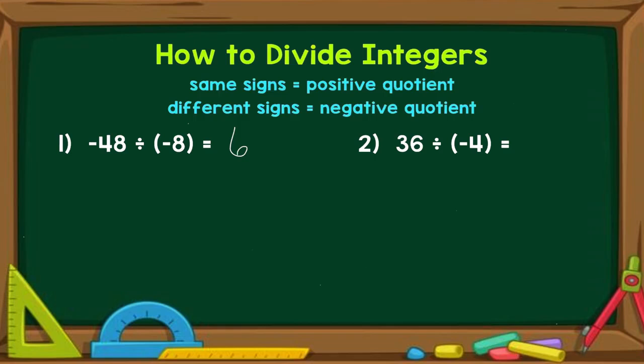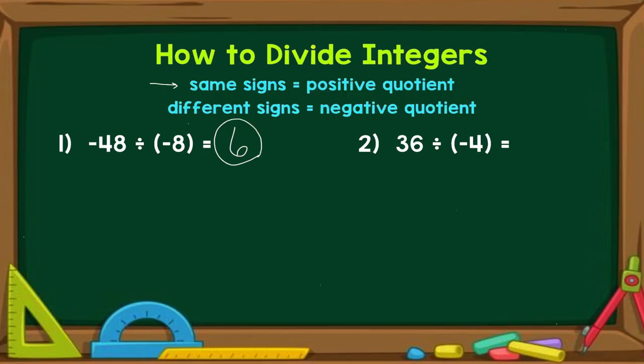And now we need to determine if our quotient is positive or negative. Well, we had a negative divided by a negative. So anytime we have the same signs in our original problem, our quotient is positive. So same signs, positive quotient. So -48 divided by -8 equals a positive 6.